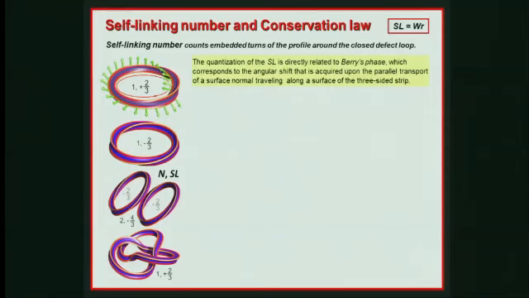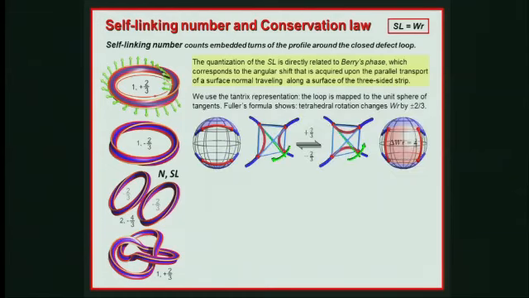And then you can ask how these rewirings, how these tetrahedral rotations, are related to the change of the writhe. You can find this out by using the tantrix representation. In this representation, you express the writhe in terms of a surface area on the unit sphere.